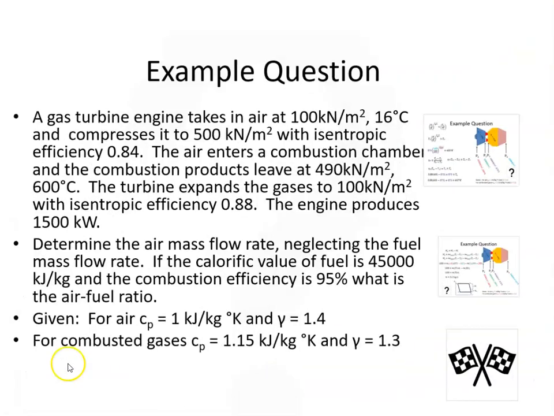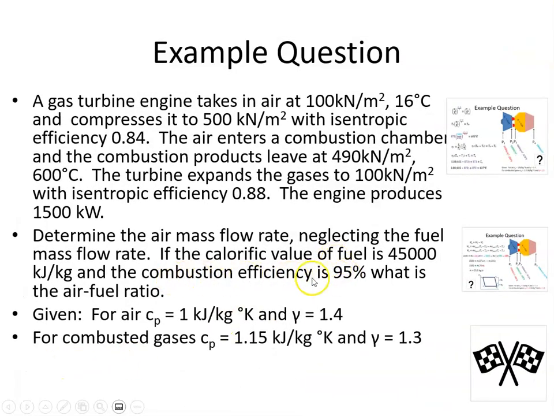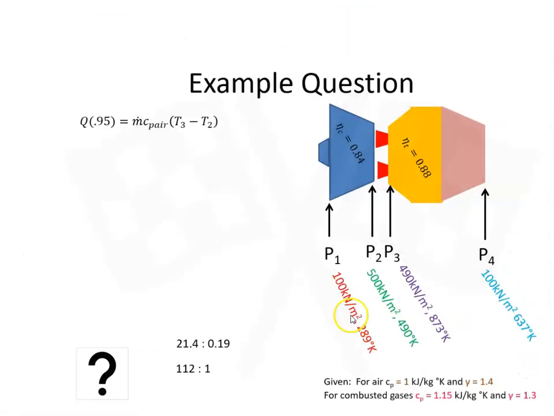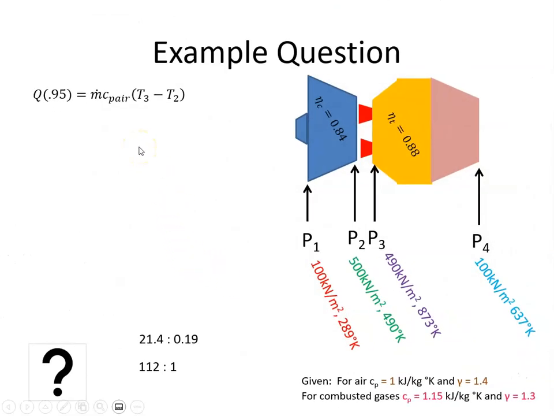So we'll just go back. So the combustion efficiency is 95%. So whatever we burn multiplied by 0.95 is going to be equal to this output. This is the energy out, I suppose. So I'm going to plug in the values.